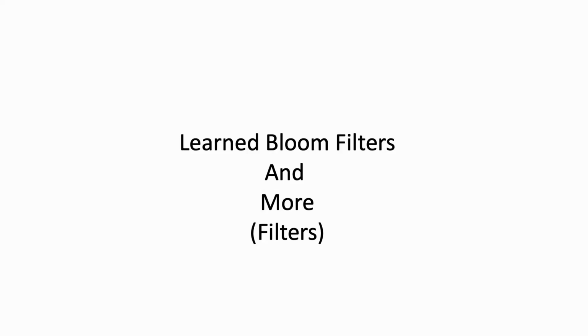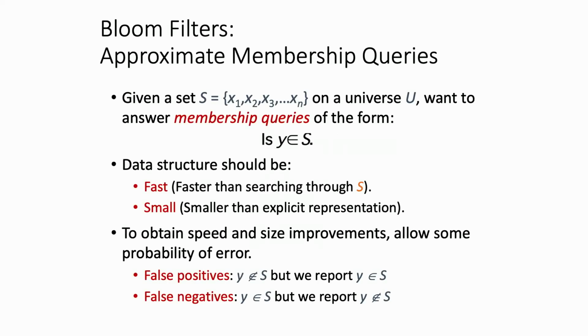Okay, so for the half that doesn't, put up with me real quickly. I'll try to go through this pretty quick, but here's some background on Bloom filters. Bloom filters are a way of handling what are called approximate membership queries. So we're given a set and we're going to ask questions like, hey, is this an element of your set? It looks very similar to that binary search example we were just looking at.